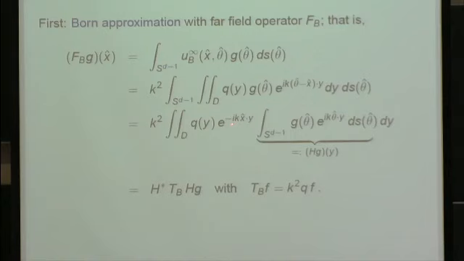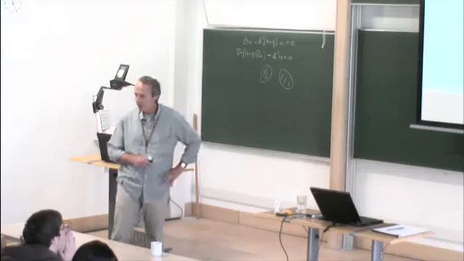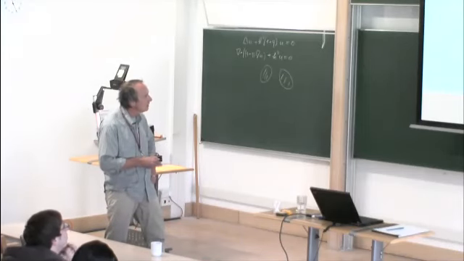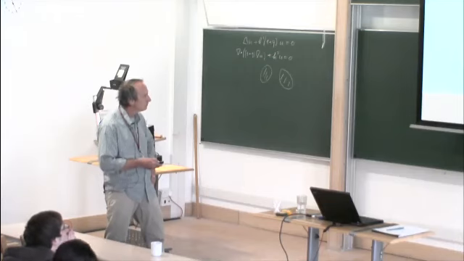So you see that you have here a factorization of that type, H star T_B H, where T_B is just k square times a multiplication operator with this q. I think you can see that. So we have a factorization of the operator F_B in this form.